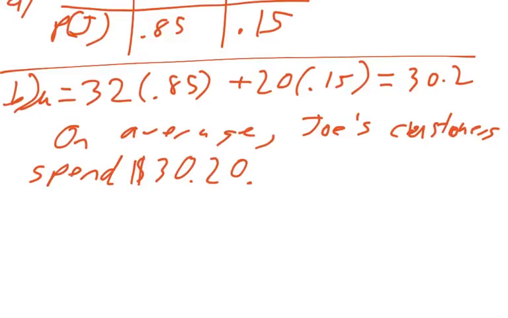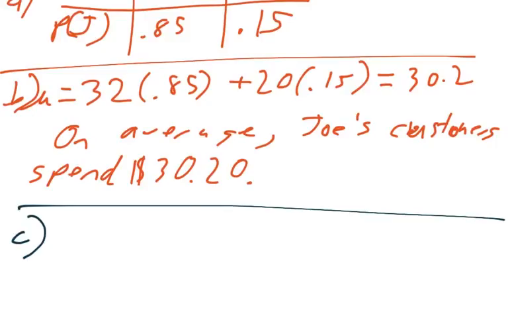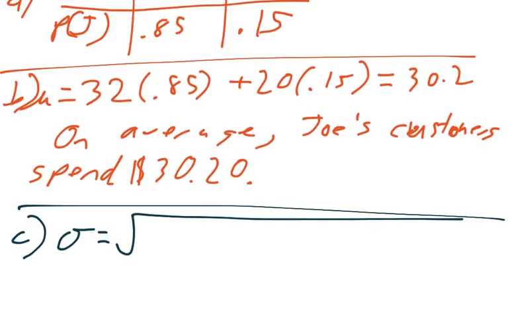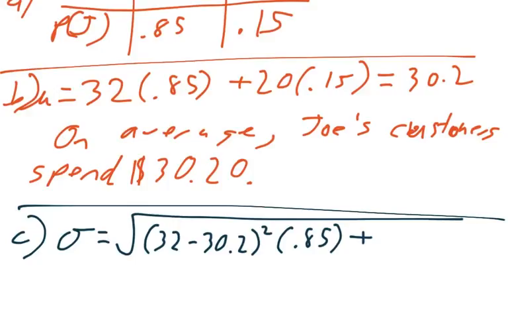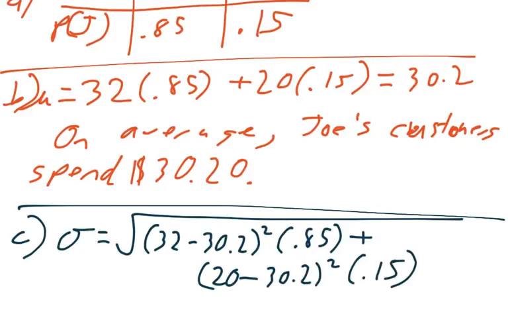Now we're looking for, in part C, the standard deviation, and then interpret it. So the standard deviation is the square root of 32 minus 30.2 squared times 0.85 plus, just going to do it on the next line, 20 minus 30.2 squared times 0.15, which gives us an answer of $4.28.